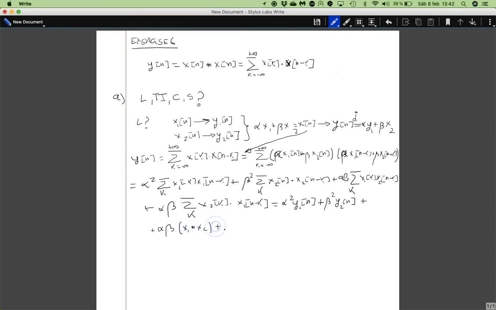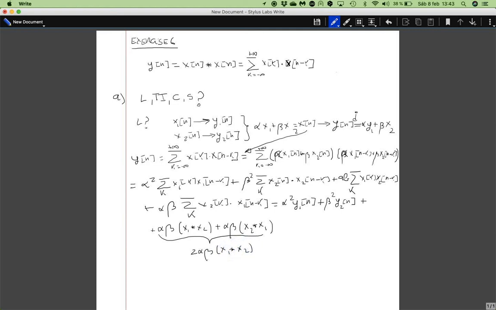And the second term will be alpha beta, the convolution of x2 with x1. These two terms you can put together because of the commutativity property of the convolution. This is 2 times alpha beta, x1 convolved with x2.